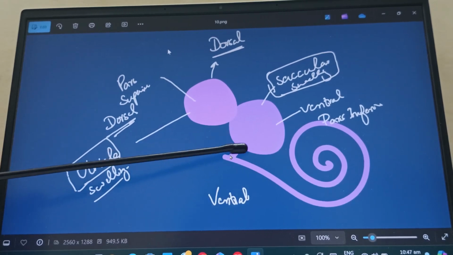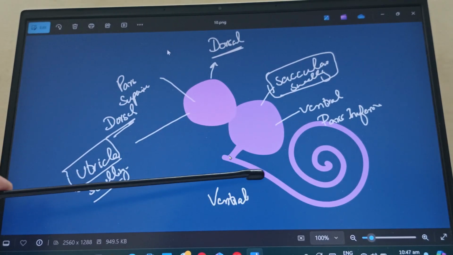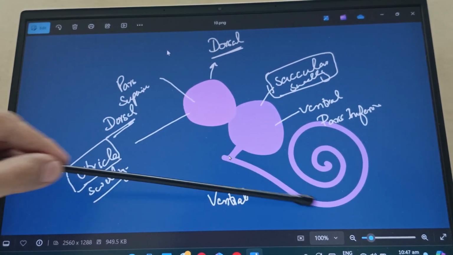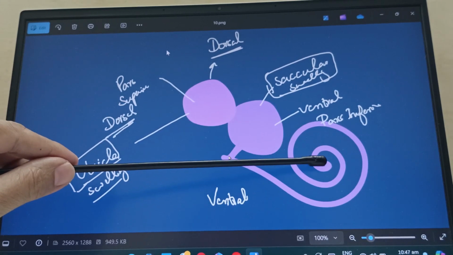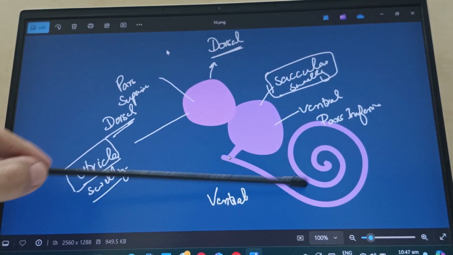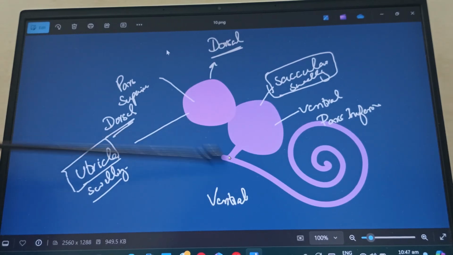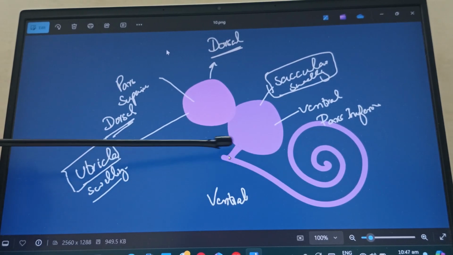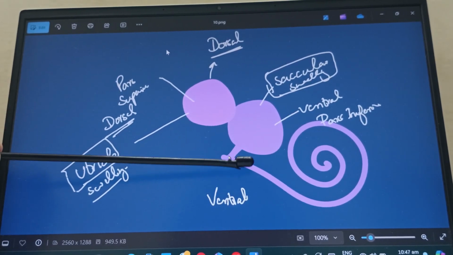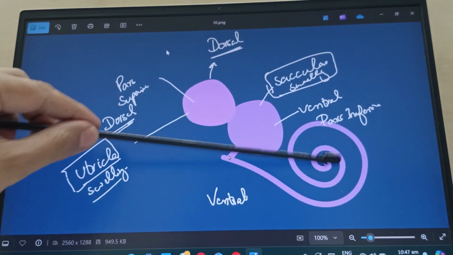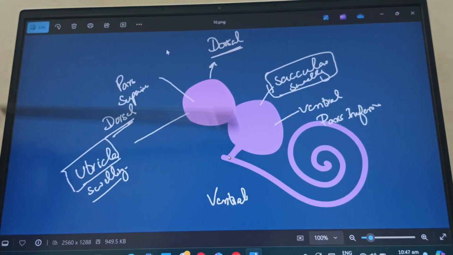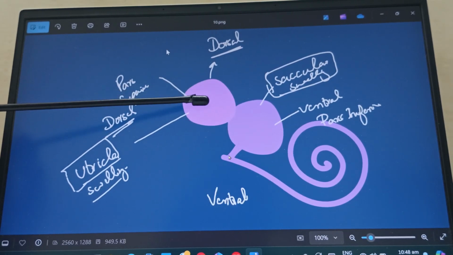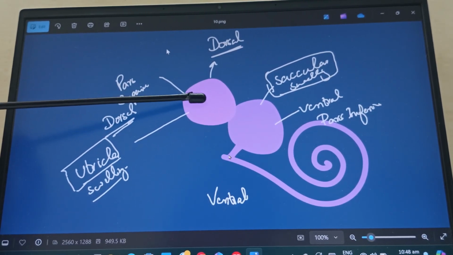It will give rise to a tubular outpocketing that will elongate and take almost 2.5 or 2.75 turns within the outside mesenchyme. The leftover portion that connects the cochlear duct with the saccule will be the ductus reuniens.